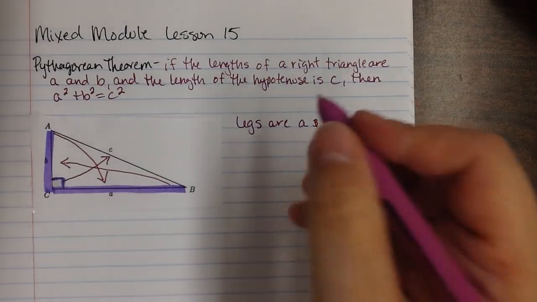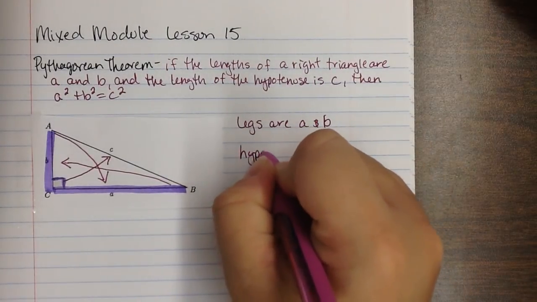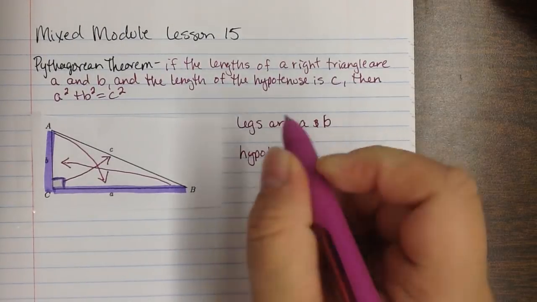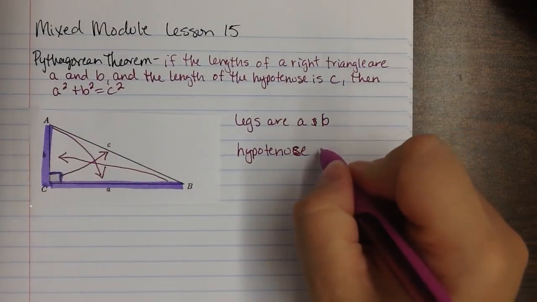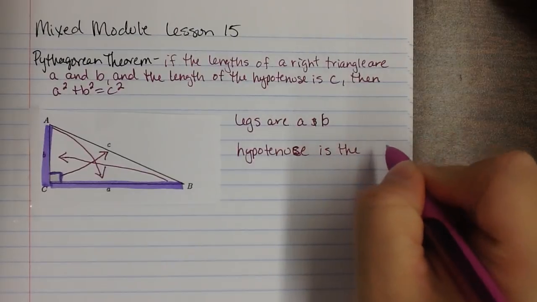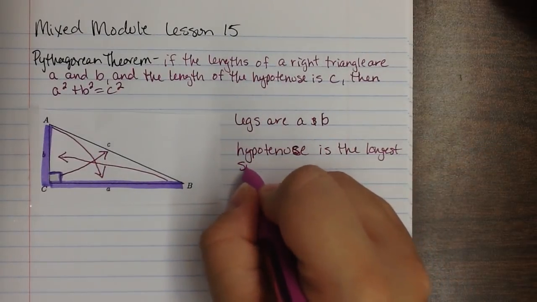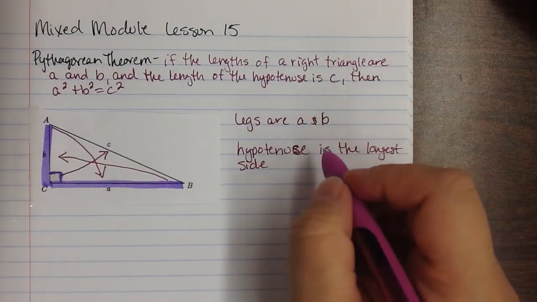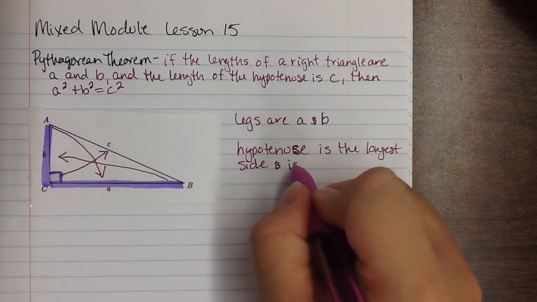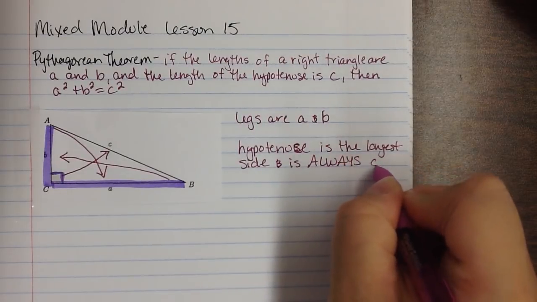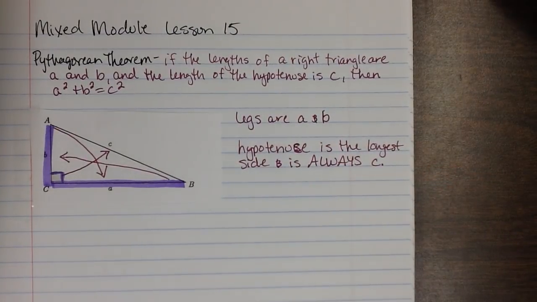The hypotenuse, which is the longest side, is always C. Okay? So make sure that you know this.